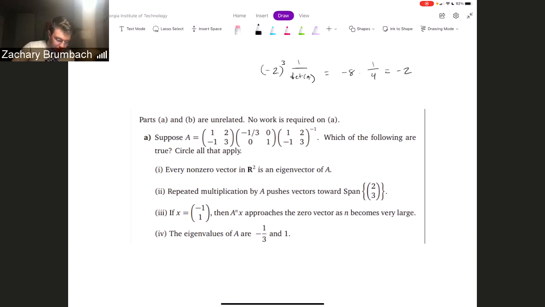So, every non-zero vector in R2 is an eigenvector of A. That is a little confusing, but you can think of it as you have two different eigenvectors, and they compose all of two-space. So all of the vectors you're given, whatever they are, can be composed of these two things.